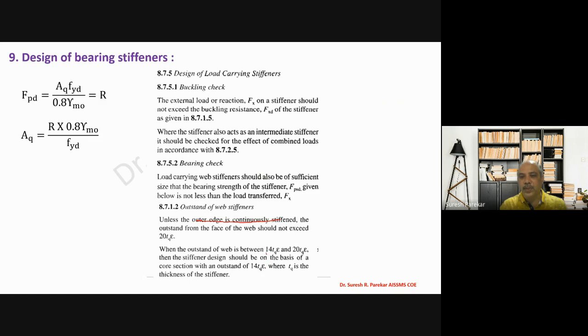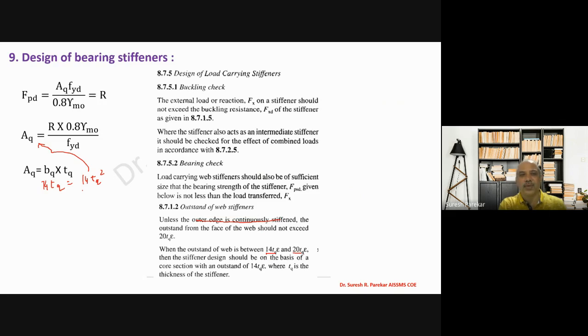It should be between 14 tq to 20 tq. tq is the thickness of stiffener, and then we have Aq as bq into tq, and bq we take as 14 tq, so it goes to 14 tq square, and we equate it with this area, from which we get the thickness of the plate, then we can find the width also.